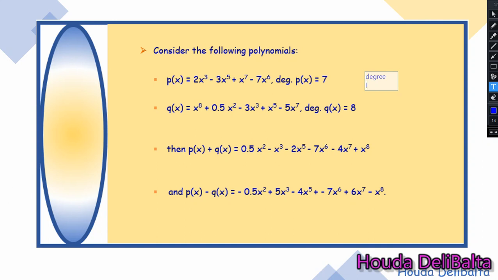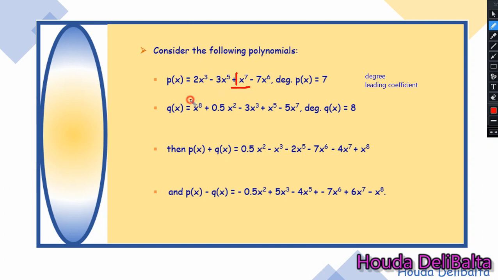Now there's something also called the leading coefficient, which is indeed the real number multiplied by the variable holding the degree, or the highest exponent. For example, here the degree is on x to the power 7, it's here, and the number which precedes x to the power 7 is 1, plus 1. So here the leading coefficient is plus 1.